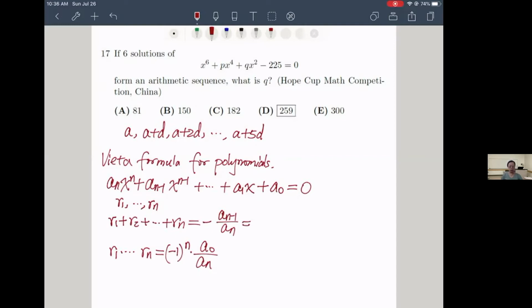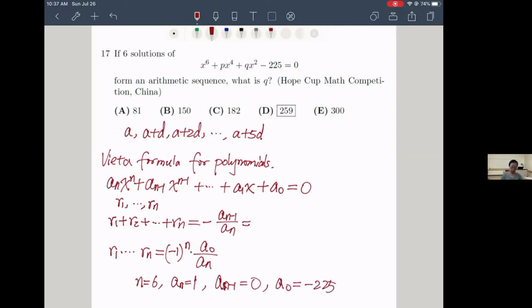In our situation, n is 6, and a n is 1, and a 5, which is a n minus 1, is 0. We also have a 0, which is negative 2 to the 5.